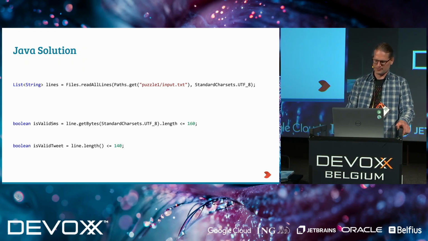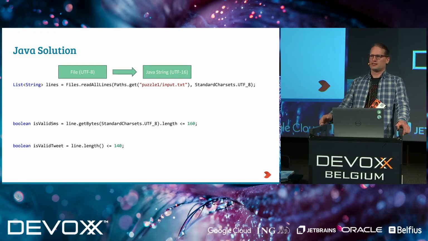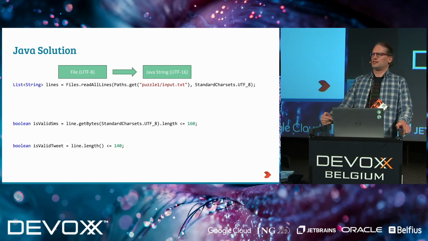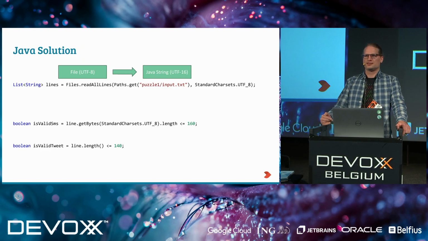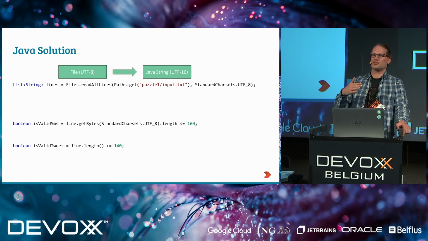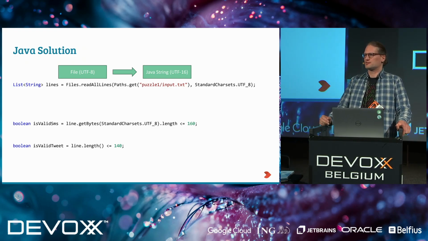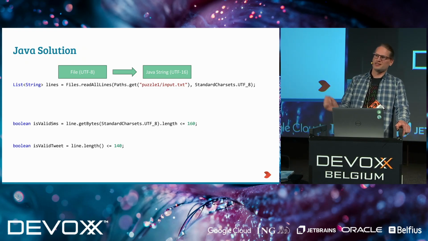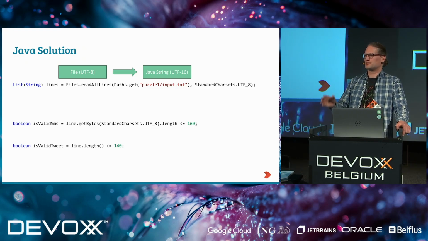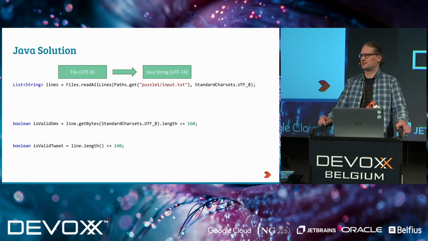Well, it's because Java's internal string representation is actually UTF-16. Java came very shortly after the release of Unicode 1.0, and they really bought into this idea that we would encode all the characters in just 16 bits.